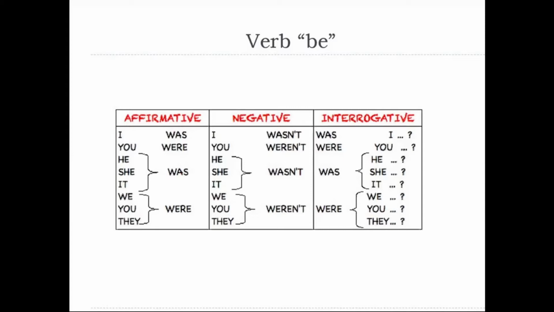To make interrogative sentences, we just need to do inversion. Inversion means changing the places. To be and subject change their places. For example, was I, were you, was he, was she, was it, were you, were we, and were they.